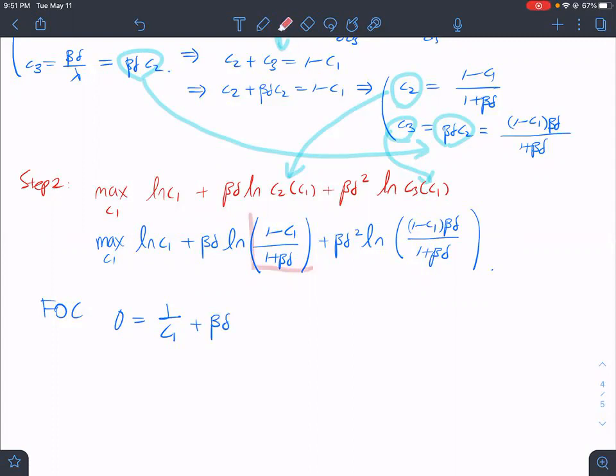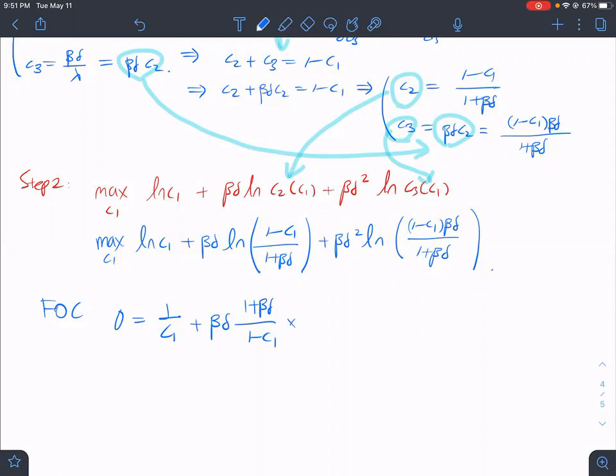I first differentiate this log function, which gives (1 plus beta delta) over (1 minus C1), so this number is flipped. And then I differentiate with respect to C1, so this part.